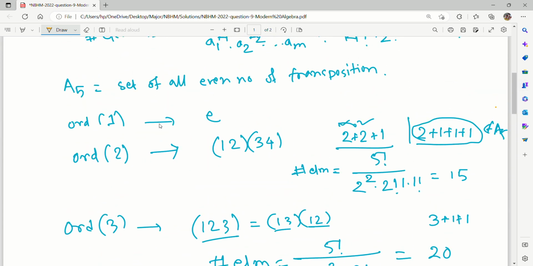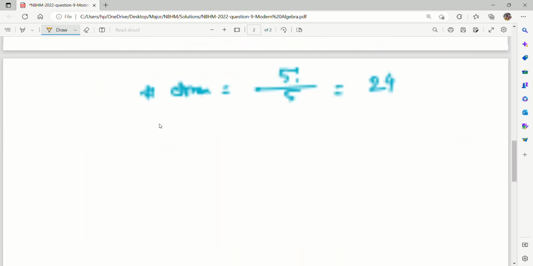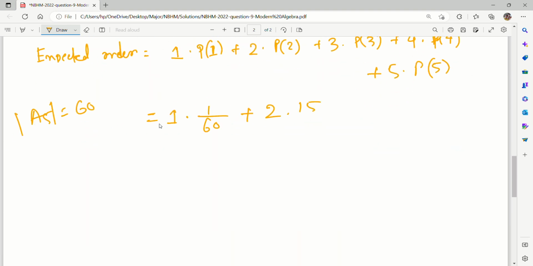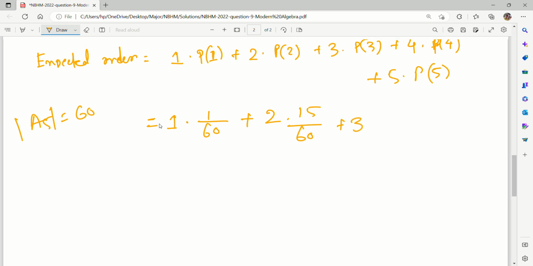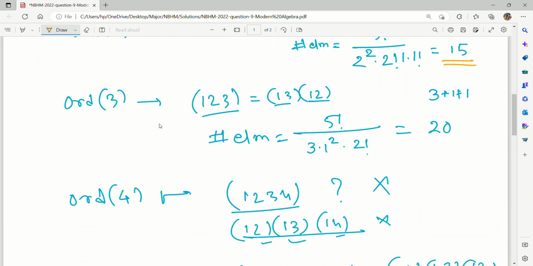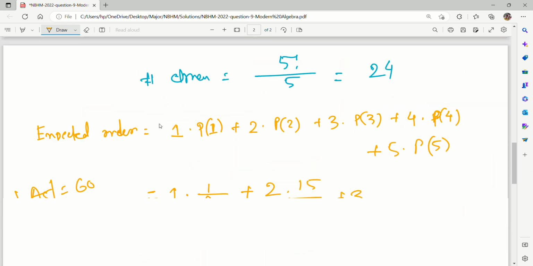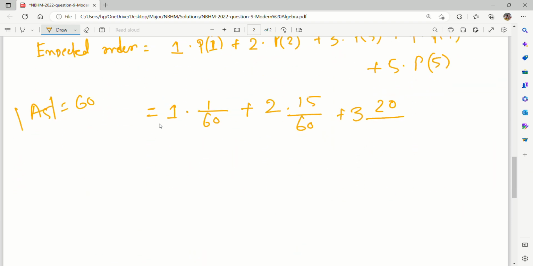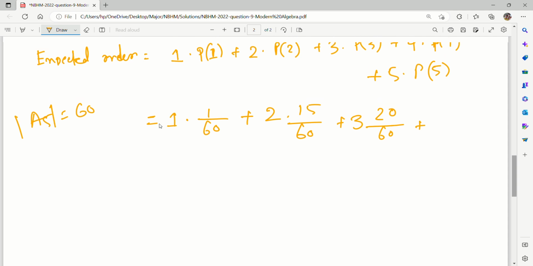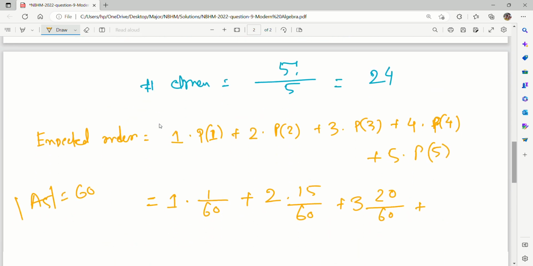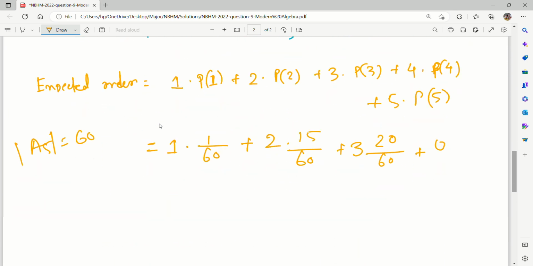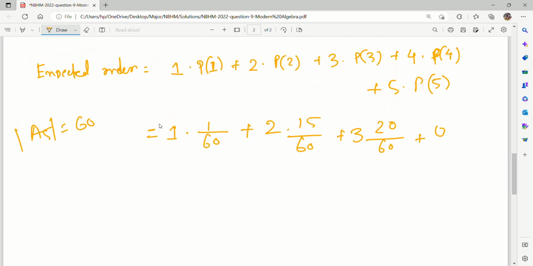Plus 2 times the probability of getting an order 2 element. There are 15 order 2 elements, so the probability is 15 by 60. Plus 3 times the probability of order 3: there are 20, so 20 by 60. Elements of order 4 in A5: there are 0. Elements of order 5: 24, so the probability is 24 by 60.